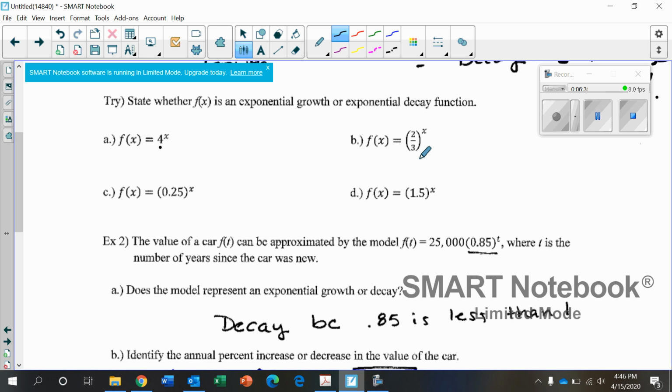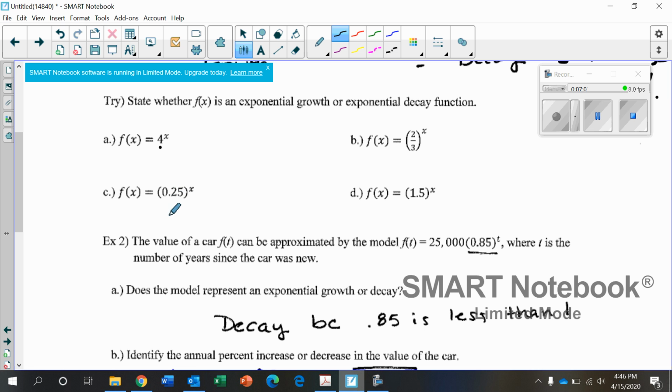What you're doing is 2 over 3 minus 1, which gives you negative 0.33 repeating. Negative, you know, is decay. We ignore the negative and times it by 100, and you get 33.3%.